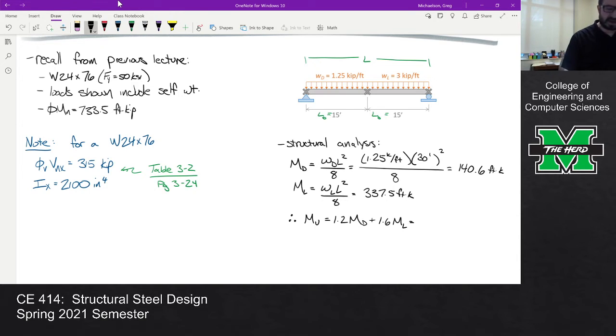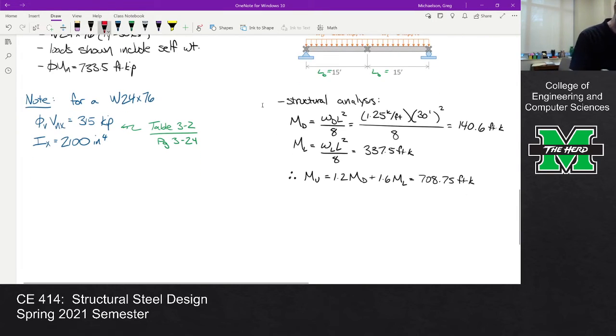I'm getting 708.75. Can anybody check me on that? Okay, so therefore, if I'm doing a check, I can say that MU is 708.8 foot kips, just to round. And then PMN was 733.5.